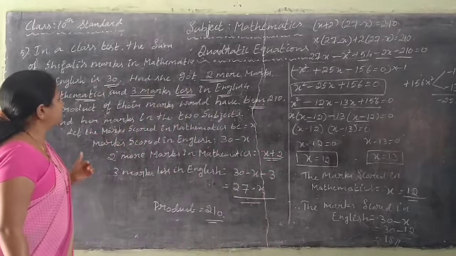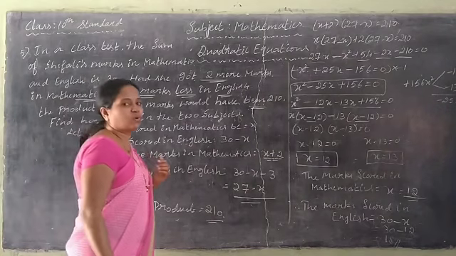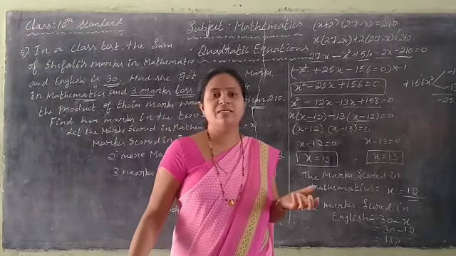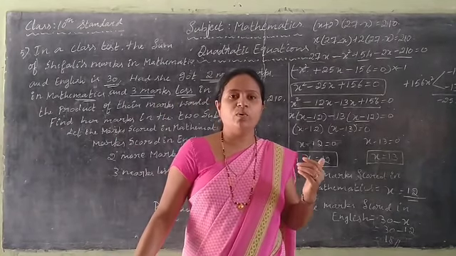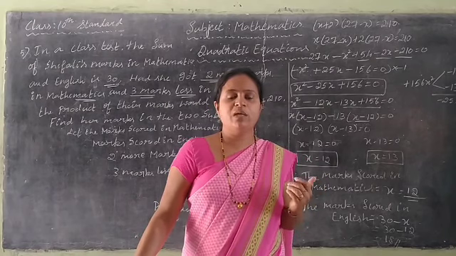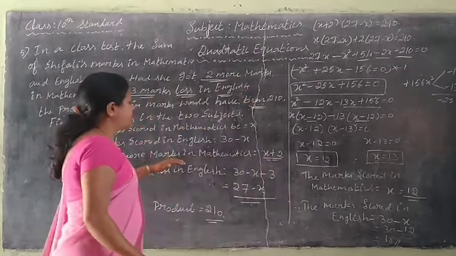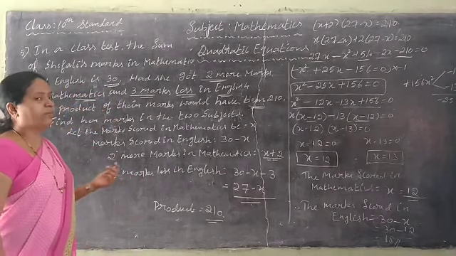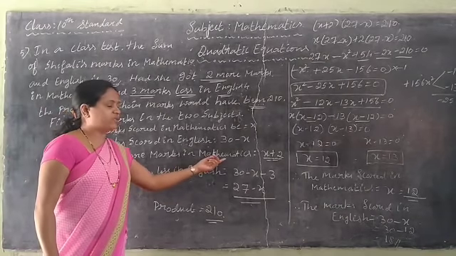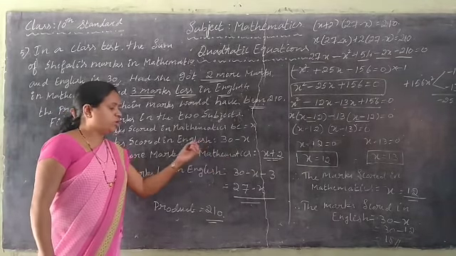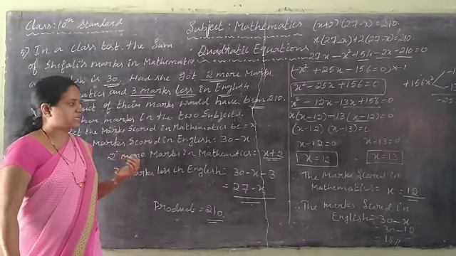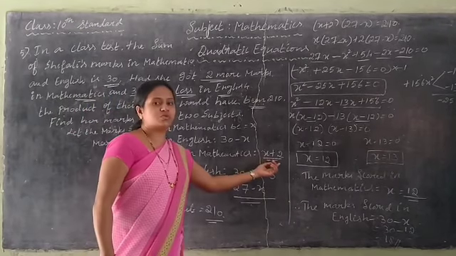Okay. So first what we are going to see, children. First he has given that Shifali has scored marks in mathematics and English, including both the subjects, that is 30. Then if she scored 2 marks more in mathematics, we have taken mathematics as x, so 2 marks more means we consider that as x plus 2.